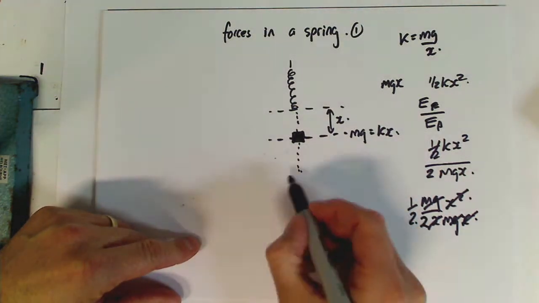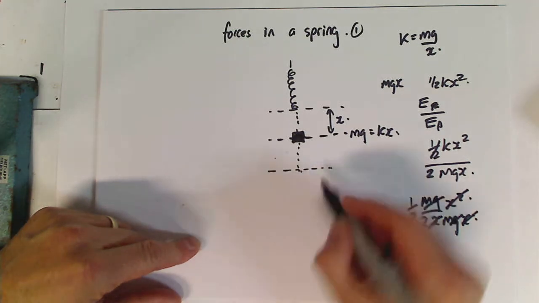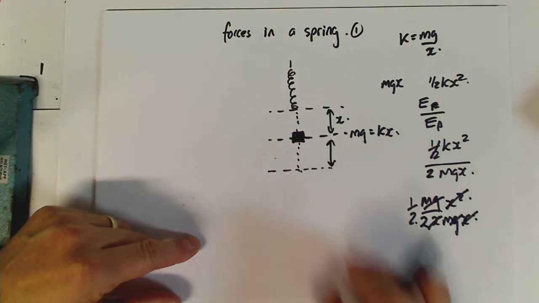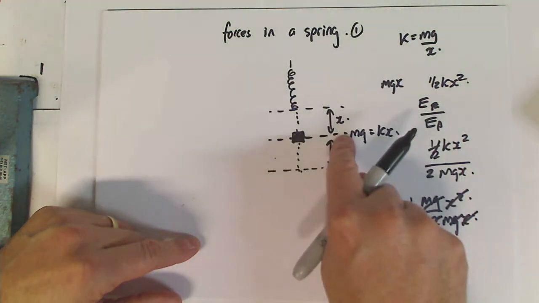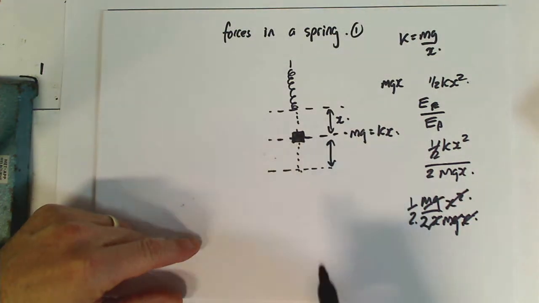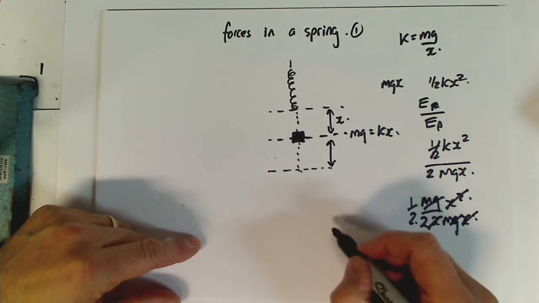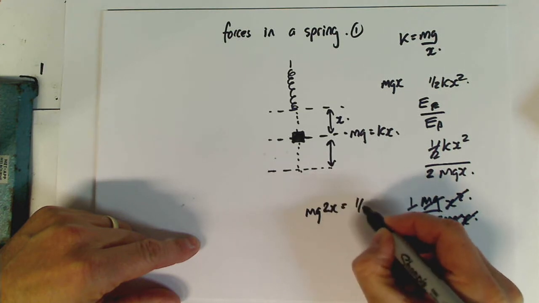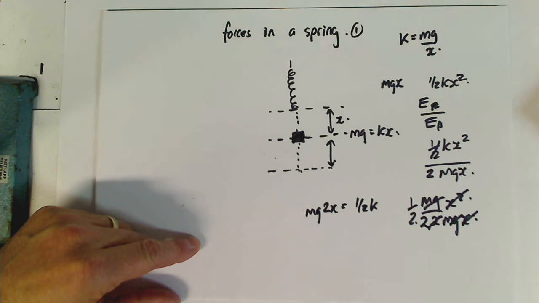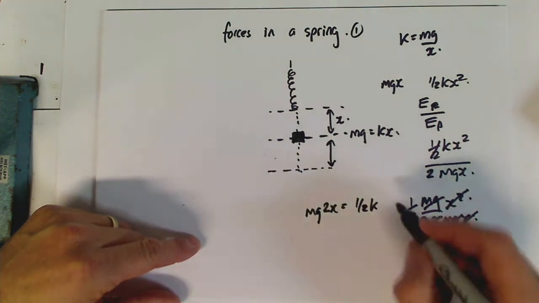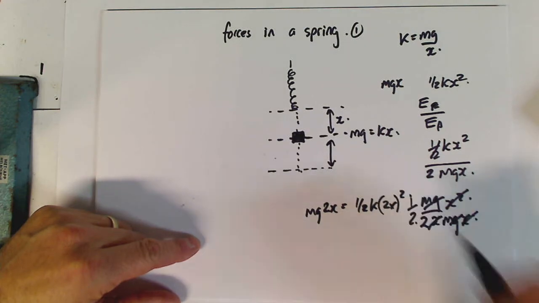So getting back to forces though, what we will find is if we pull it down another x, or if we just let that other half of the potential energy that wasn't in the spring at the midpoint go, it will actually still have some kinetic energy, and it will continue on. It will continue on until we get to a point where the full potential energy, which is now mg2x, equals 1/2 k(2x) squared.